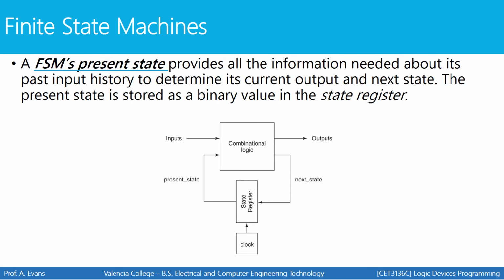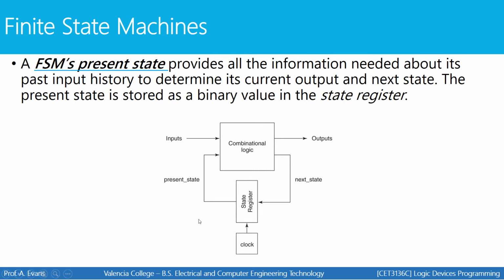So a finite state machine's present state provides all the information needed about past history to determine its current output and the next state. With the state machine, one of the things that makes it different from other types of digital circuits is the idea that it calculates a current output based on a present state, and it also determines what output should come next when the next triggering clock edge occurs.